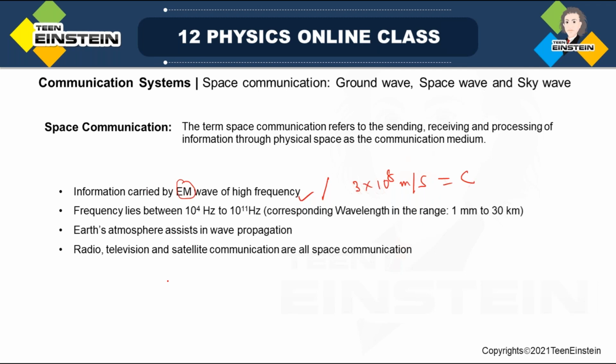And the space communication uses the frequency which lies between 10 to the power 4 hertz to 10 to the power 11 hertz. So this is a very wide range, and the corresponding wavelength, starting from 1 millimeter to 30 kilometer, is the wavelength used in space communication.